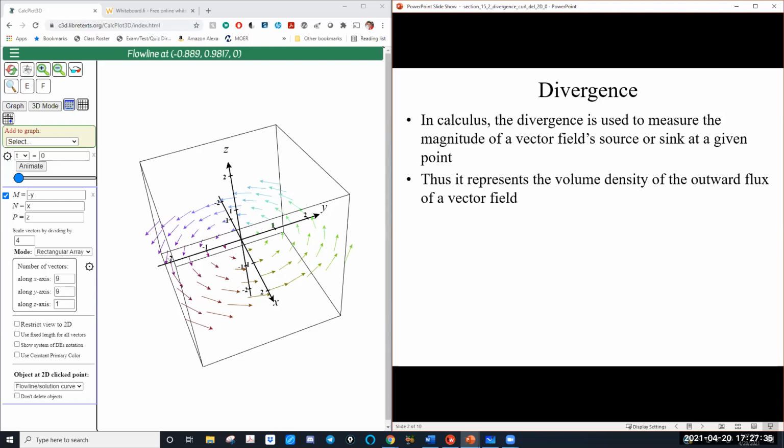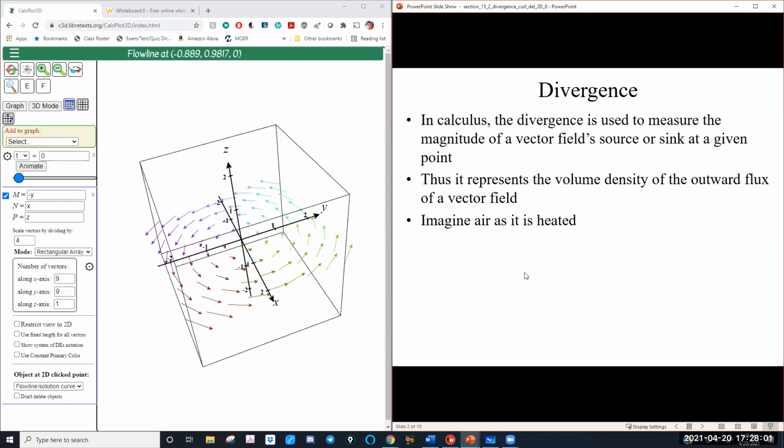The divergence is calculated at a single point. Later this semester, not today, we'll talk about using the divergence in order to look at the total flux of a surface.